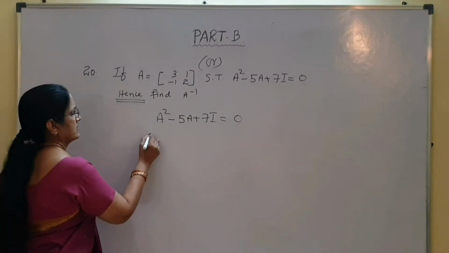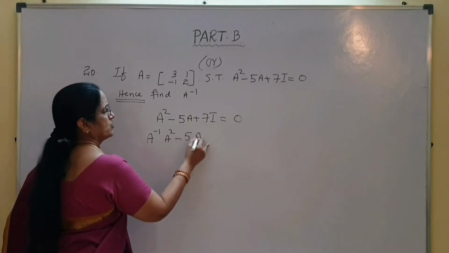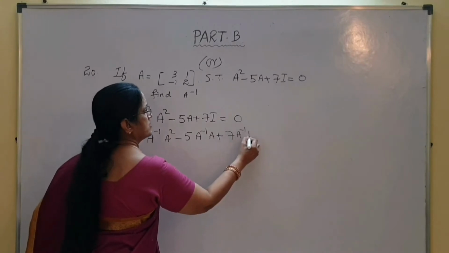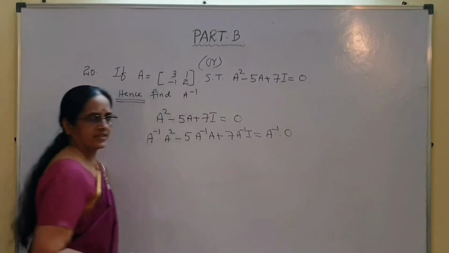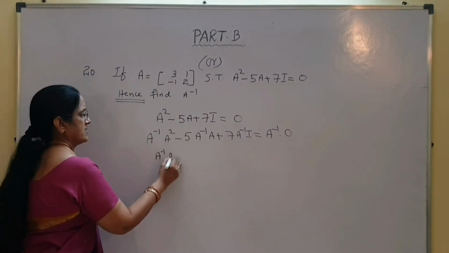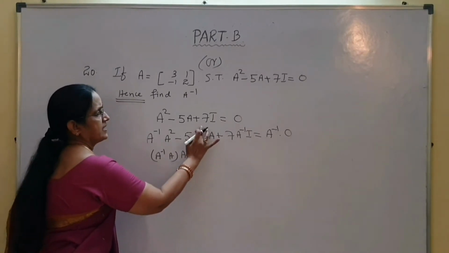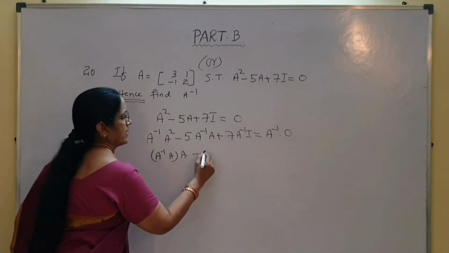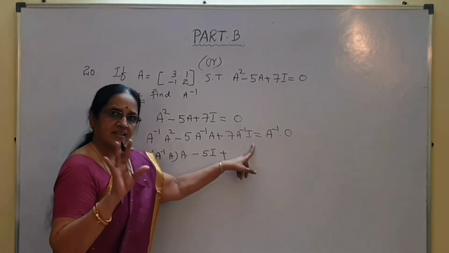You will be getting A inverse into A square minus 5 into A inverse into A plus 7 into A inverse into I is equal to A inverse into 0 matrix. This A square I can write as A inverse into A into A. A inverse into A is nothing but the identity matrix I. So minus 5I plus A inverse into I is A inverse.